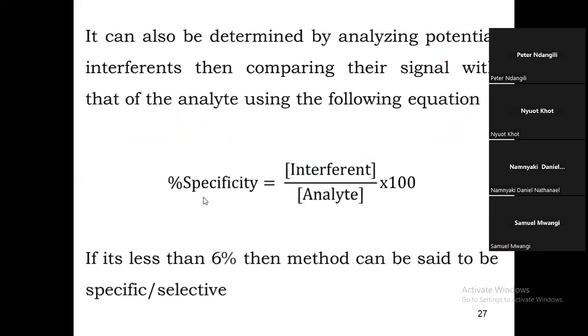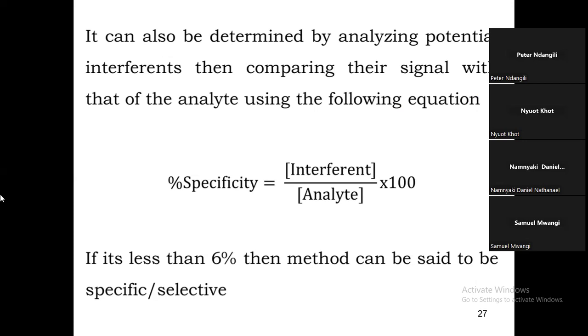Now, the study of interferences can be done by analyzing potential interference. And then you compare their signal with that of the analyte using this particular equation. Here you are carrying out what we call the percentage specificity of your analyte.